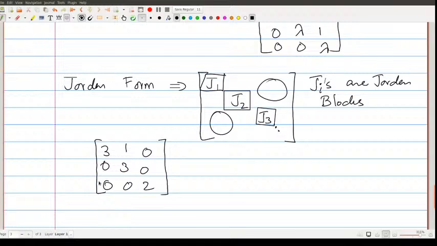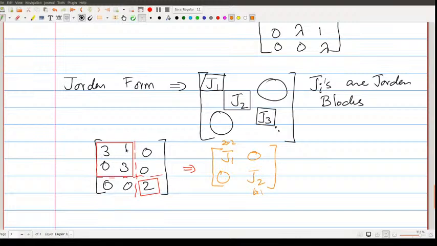If you look at this matrix and partition it like this, you can notice that this matrix is itself a Jordan matrix. And because this is a 1 by 1, any 1 by 1 block in itself is a Jordan block. So I can view this matrix in terms of the form J1, J2, where this is a 2 by 2 Jordan block and this is a 1 by 1 Jordan block.